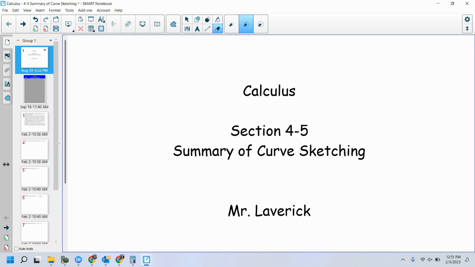And really, this is a culmination of a lot of what you've been learning since Algebra 1 in terms of graphing. We're going to go way back, and we're basically going to talk about everything that we could possibly use to create the best graph that we could by hand.